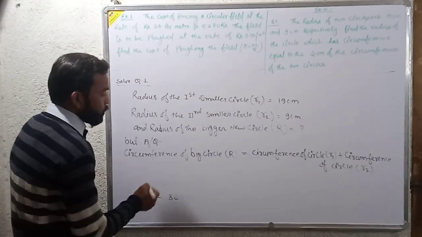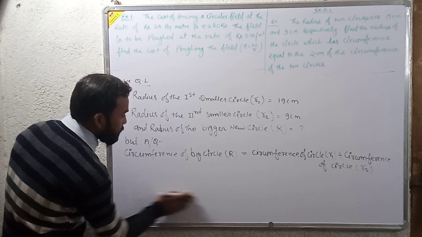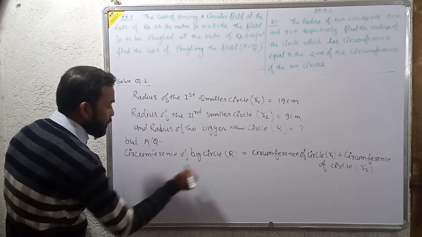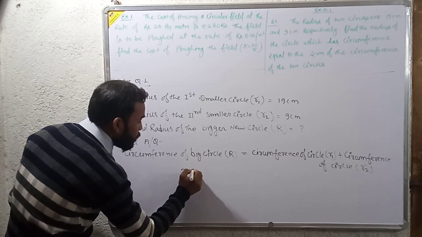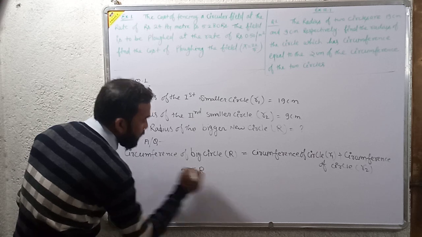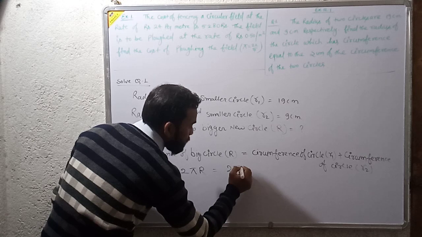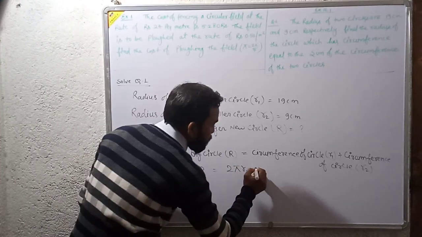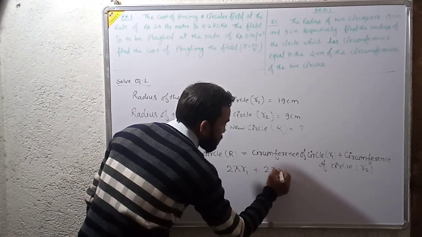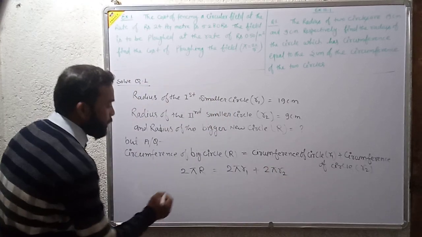Clear? Good. The circumference of the circle R is equal to 2 pi capital R, which is equal to 2 pi small r1 plus 2 pi small r2.